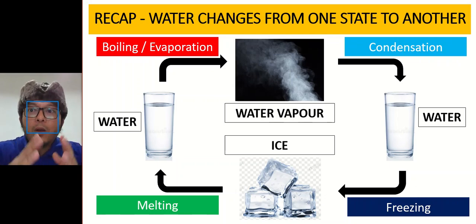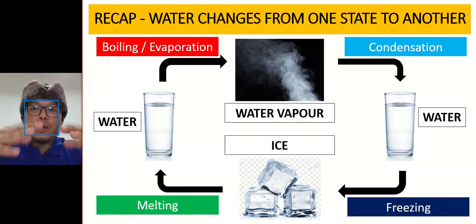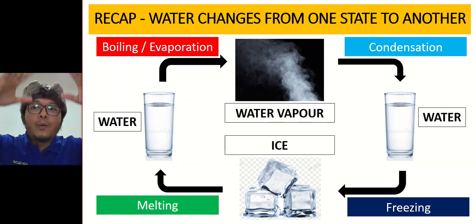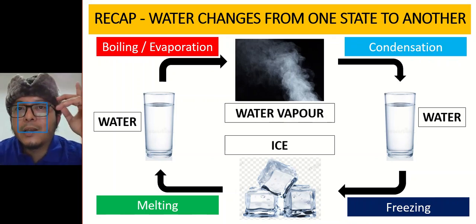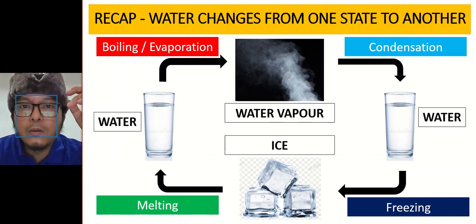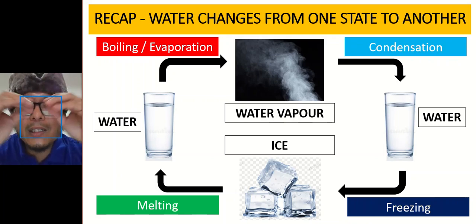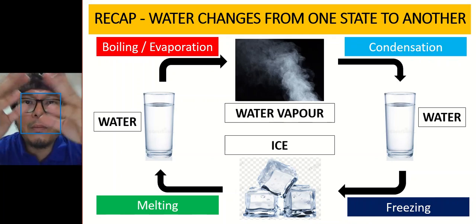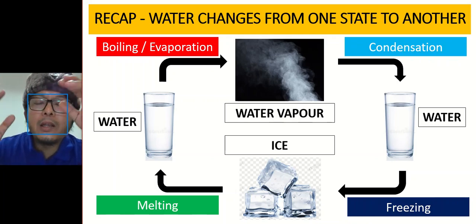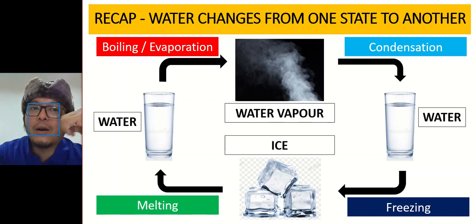For example, when water vapor becomes hot, it rises up. When it goes to the sky, it is cold. That's why it condenses and becomes cloud. It becomes bigger water droplets and slowly it will drop as rain.